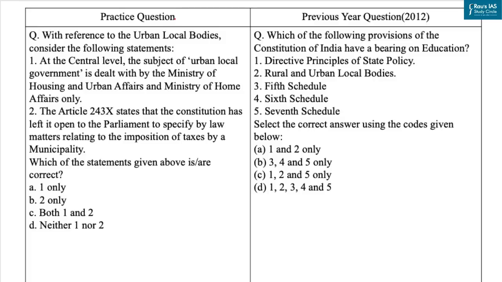Now, before taking up the practice question, if you look at the previous year question papers, UPSC has generally asked questions related to the urban local bodies in the prelims examination. For example, look at this question. The question was asked in the year 2012. It is related to the provisions of the Constitution of India which have a bearing on education.